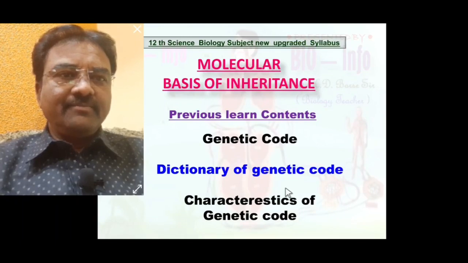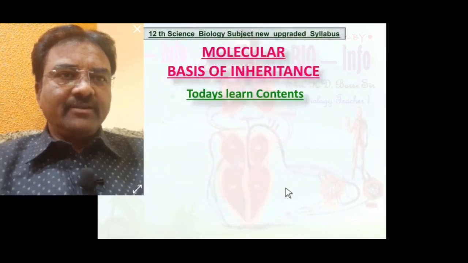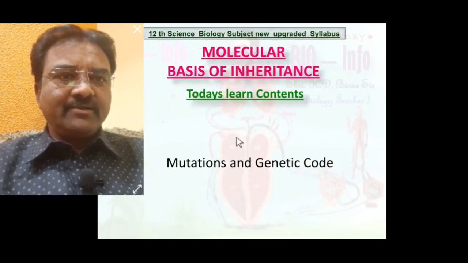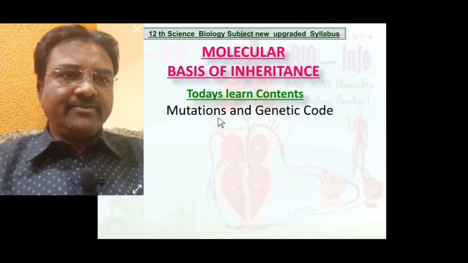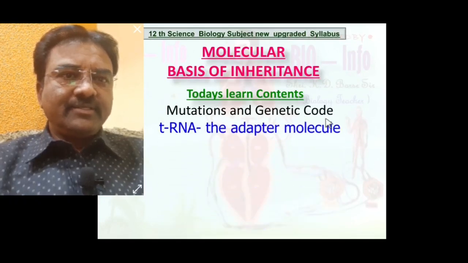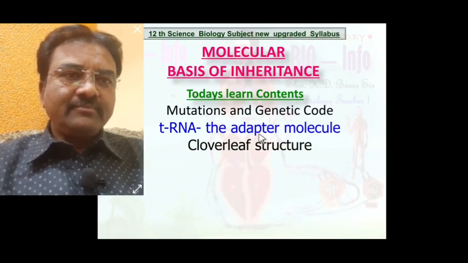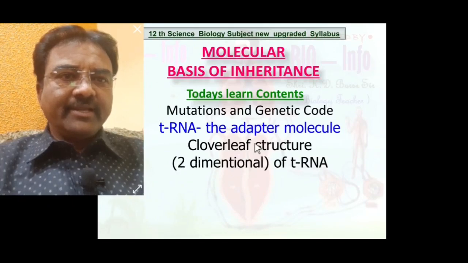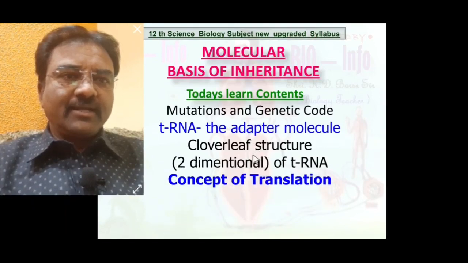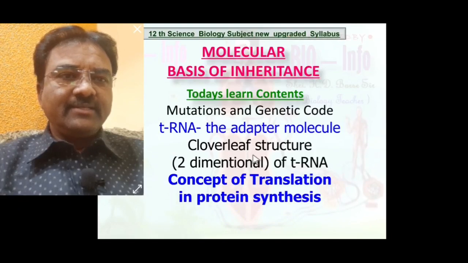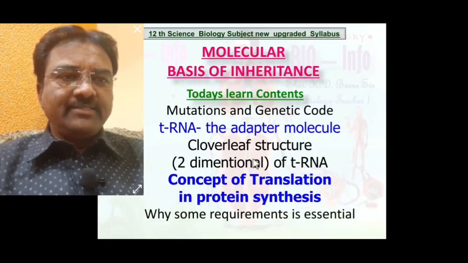Today we will learn some more concepts of the molecular basis of inheritance chapter: mutation and genetic code, tRNA the adapter molecule, why tRNA is called an adapter molecule, the clover leaf structure of tRNA, the two-dimensional structure of tRNA, the concept of translation in protein synthesis, and the requirements essential for the protein synthesis translation process.